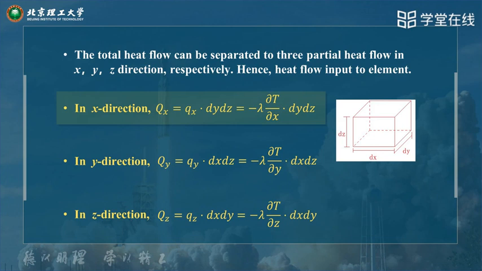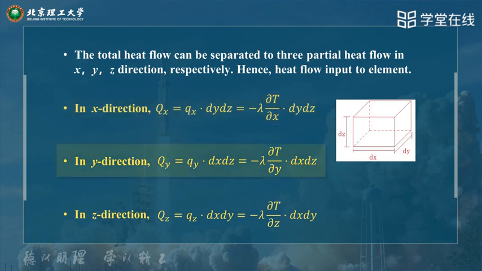From Fourier's law, we can calculate small qx equals minus lambda partial t partial x. This part is the heat flow density, times dy dz which is the area. Together it is capital Qx. Here is the flow into the element in the x direction.